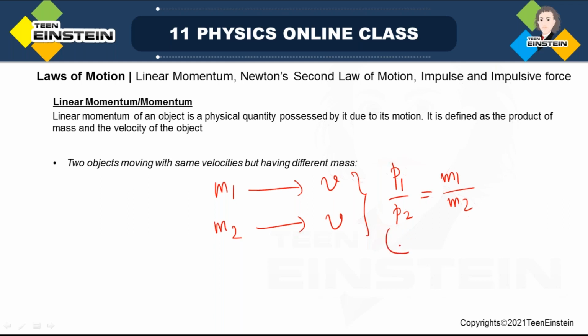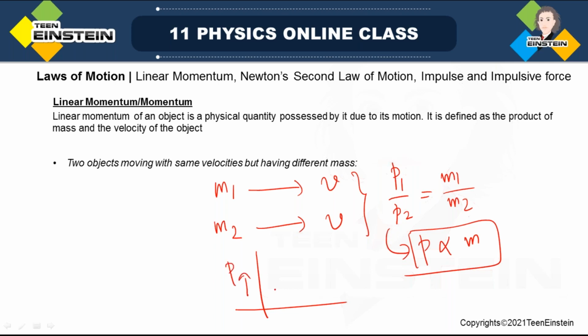So this also tells you the same thing, that momentum p is directly proportional to the mass. If you draw momentum with mass, as you increase your mass momentum will increase, so it will also go through the origin, and along this line the velocity remains constant.